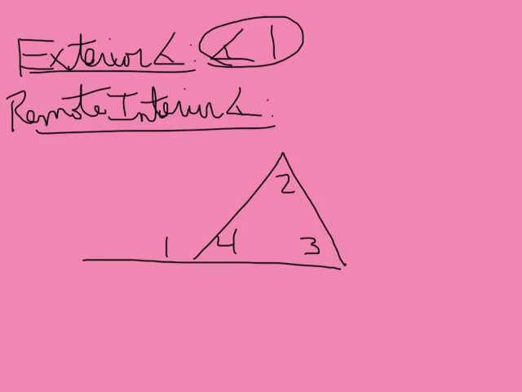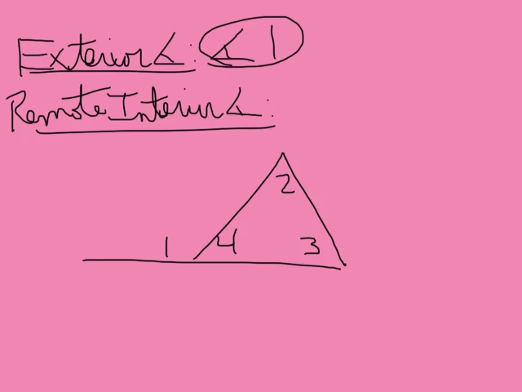So remote interior angles is the other thing. And why are these two important? Because we have this theorem below, this property about them. What are remote interior angles? They're the interior angles that are not adjacent. Let me change colors, sorry. Well, made a little blot there. There we go.